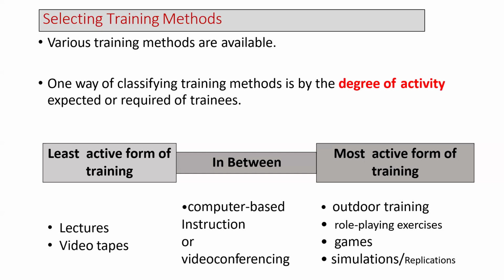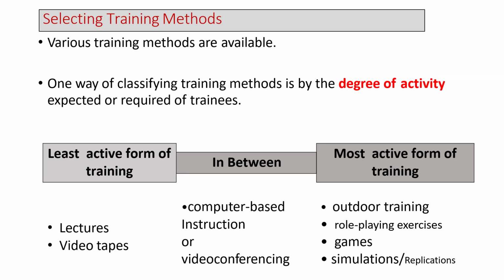And the opposite of that, the most active form, is outdoor training, activity-based learning, role-playing exercises, games, simulations, all these active participation forms. Or you can use a combination of these two, in-between methods, right?